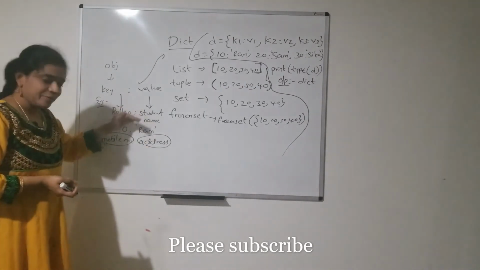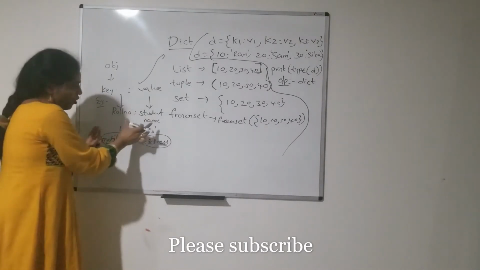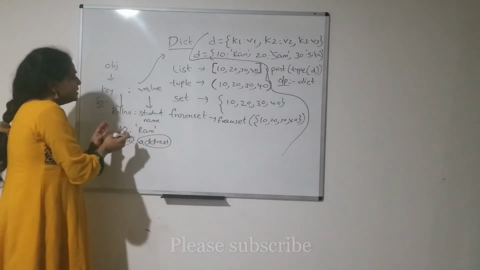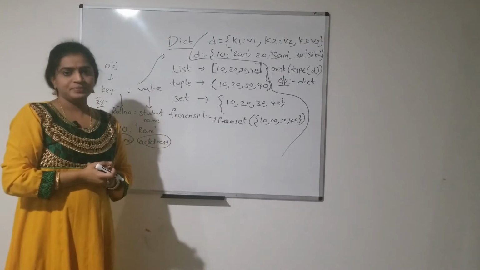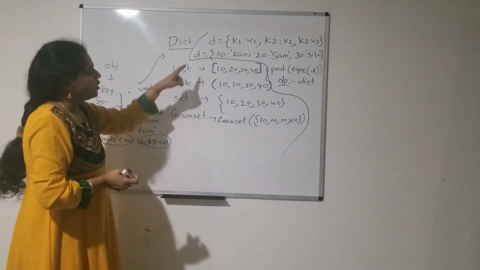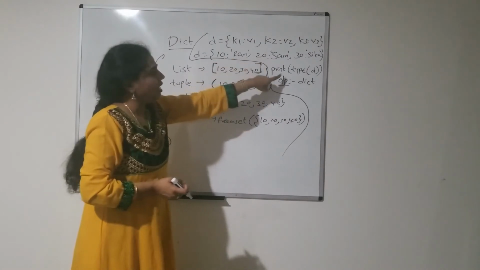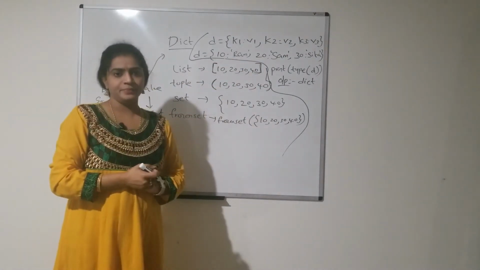If my requirement is interrelated like this, then I have to go for the dictionary data type. This is the syntax and this is the example. If you print the type of D, the output is the dict data type.